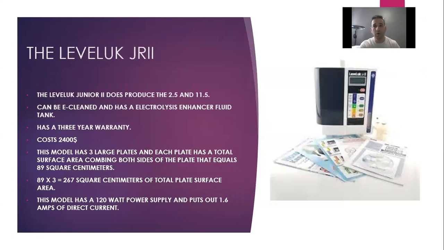So we know that the PEUs, or the potential electrolysis units, of the JR2 are going to be greater than the Level Up R. Okay, so we get a total of 51,264 PEUs, which is almost double the power, the potential electrolysis units, of the Level Up R, okay?